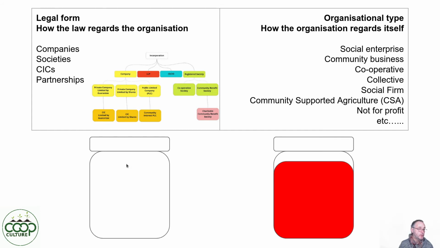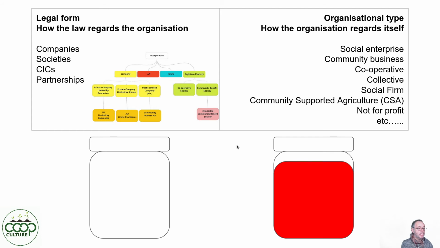So for instance, you could be a company and a social enterprise and a cooperative and a community supported agriculture project. Similarly, you could also be a cooperative society and a social enterprise and a cooperative, etc. So you can mix and match. That's the take-home message with the jam and the jam jar.